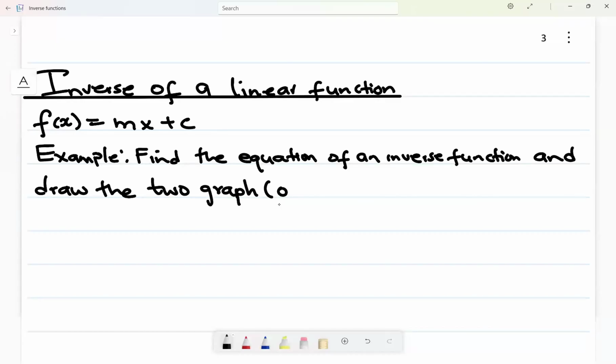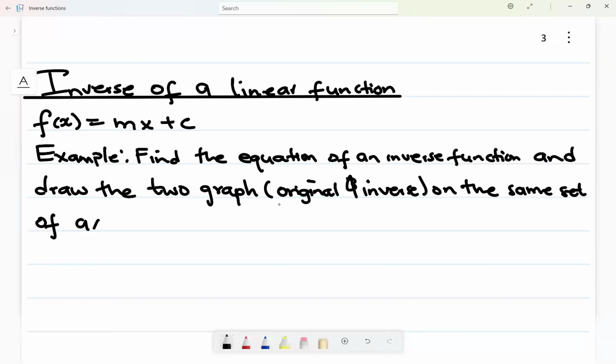What do you mean? The original as well as the inverse on the same set of axes.